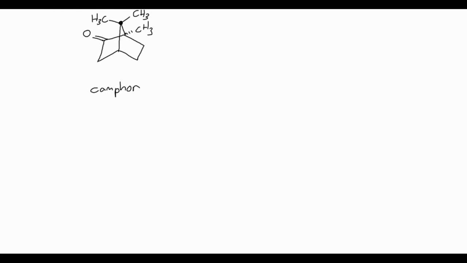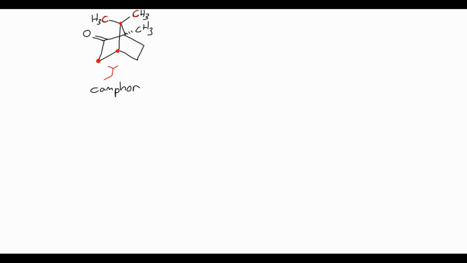So what if we draw some of our terpene, our isoprene units? Well, if you look at it for a while, you might be able to find 1, 2, 3, 4, 5. Here's one, and that gives us our isoprene unit there.